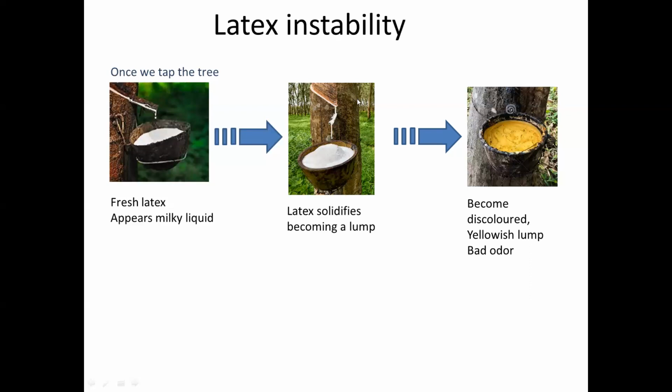Chamira, what is this process called? You all did it in the raw rubber manufacturing technology lecture module. That is why I'm asking. Fresh latex first solidifies. Then if you keep on leaving the latex in the collecting cup, you will see this yellowish lump with a bad odor.